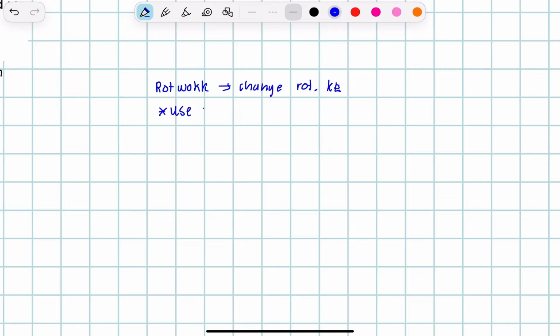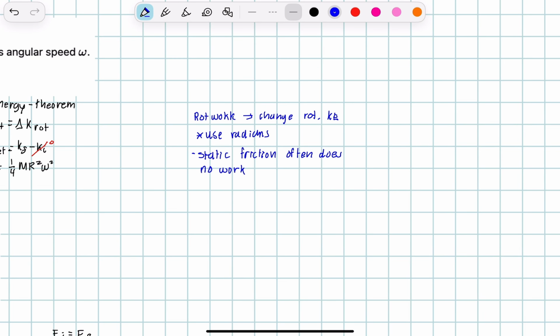You always want to use radians, and rolling problems use translational and rotational kinetic energy. Static friction, this is a big one, often does no work. Also, use energy methods to avoid force and torque algebra. Alright, thanks for watching.